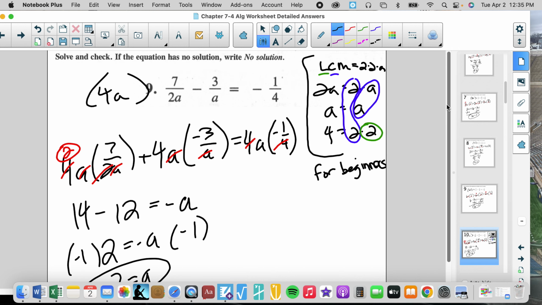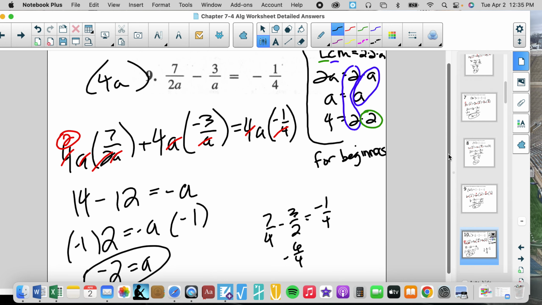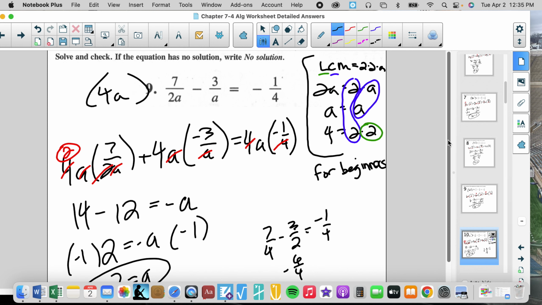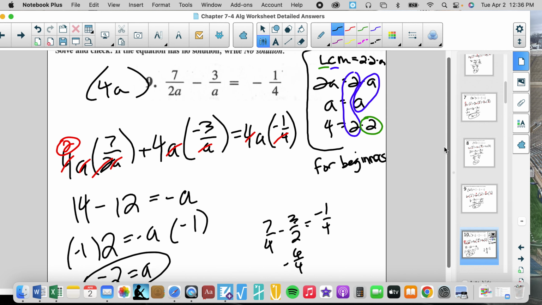We can check it. 7 over 4 minus 3 over 2. Does that equal negative 1/4? Let's check it out. That's 6/4. Ooh, hold on. Oh, negative 2, sorry.